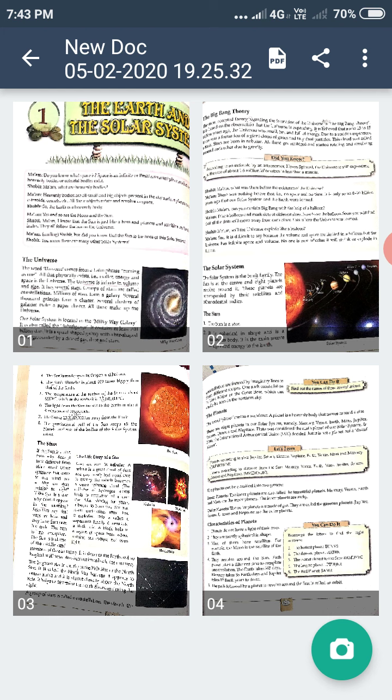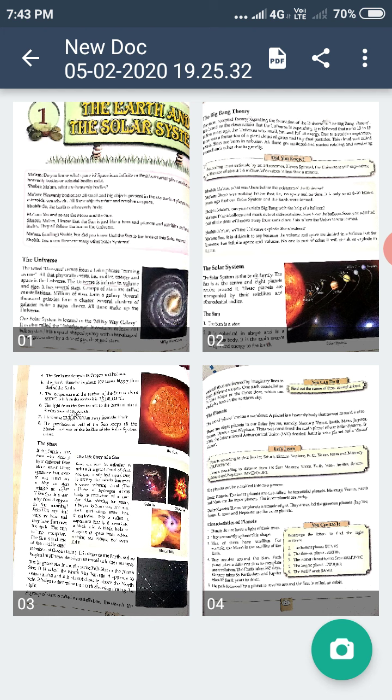Explosion means फूटना, like a bomb bursts. There was a sudden explosion, and due to the explosion a giant cloud was formed, a giant cloud of gases. Giant means very huge cloud of gases, and tiny dust particles were included in that cloud, and this cloud was called nebula, and stars are born in nebula.